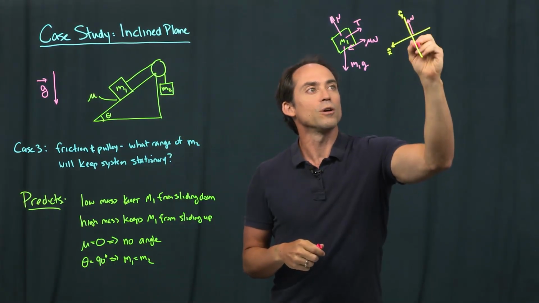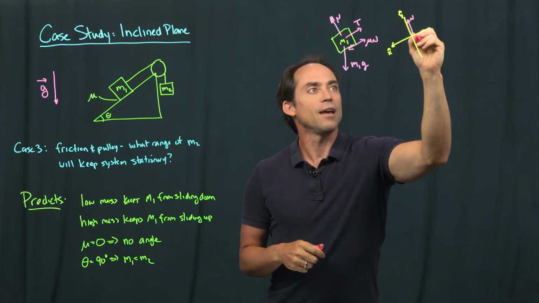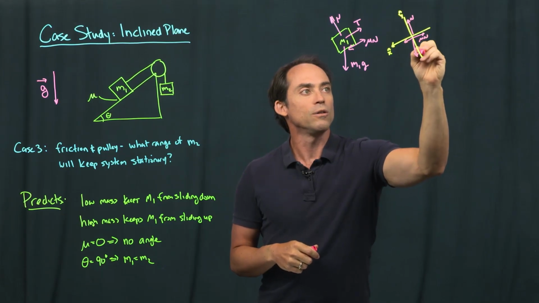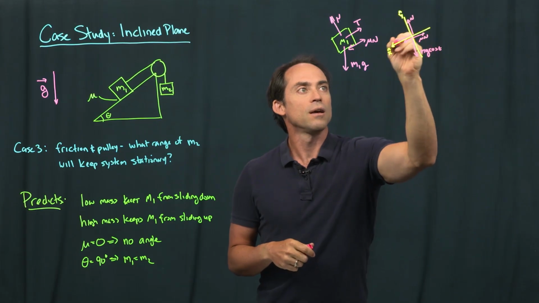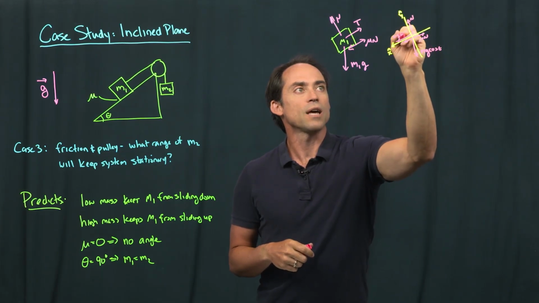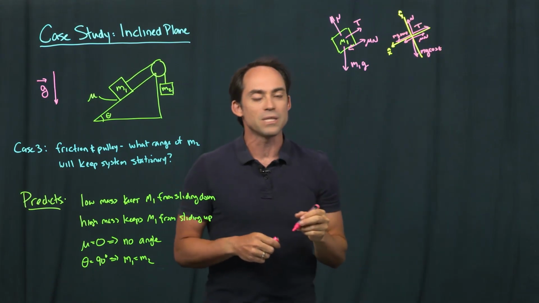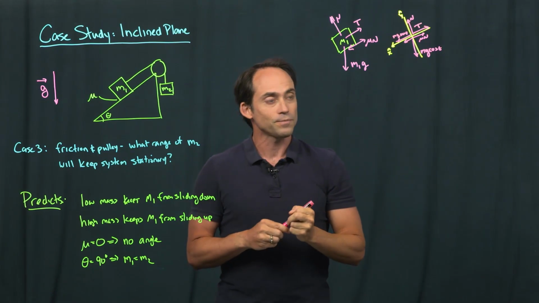We've got our normal force, we've got a coefficient of friction which may point up or down, we've got our gravity components, mg cosine theta, mg sine theta, and now we've added a tension force. So we've got quite a busy force diagram in this case.